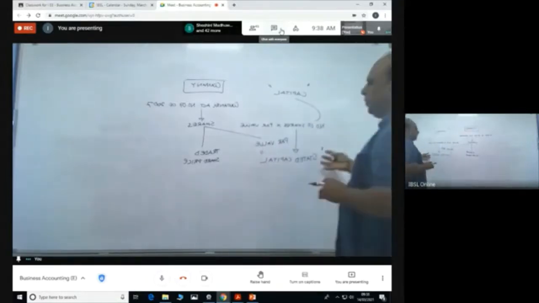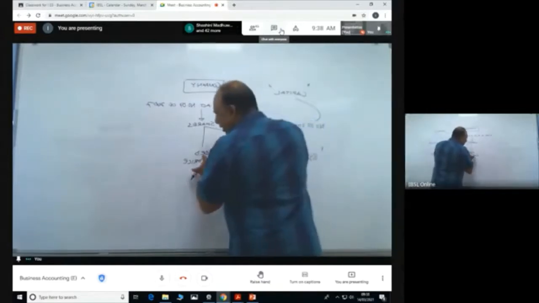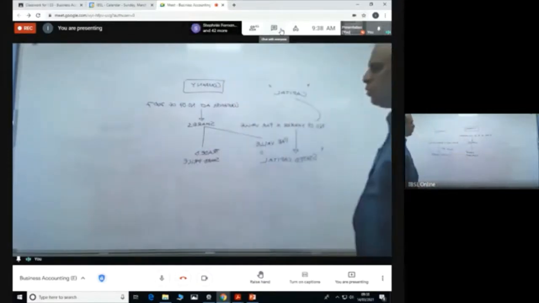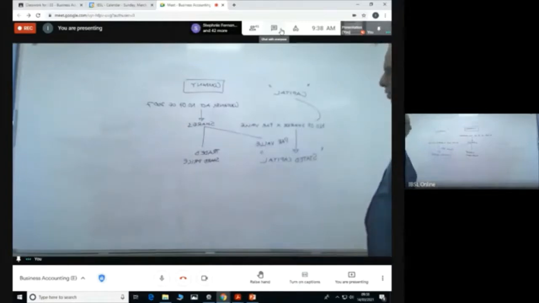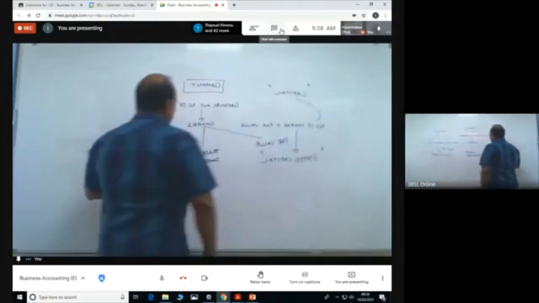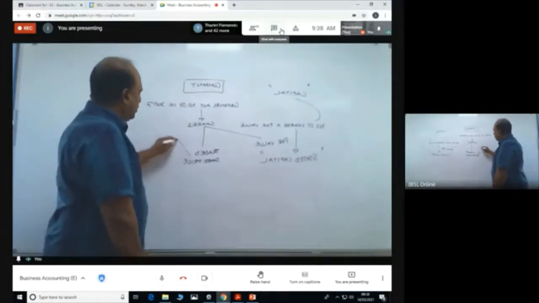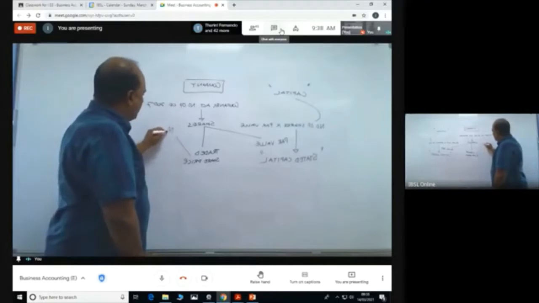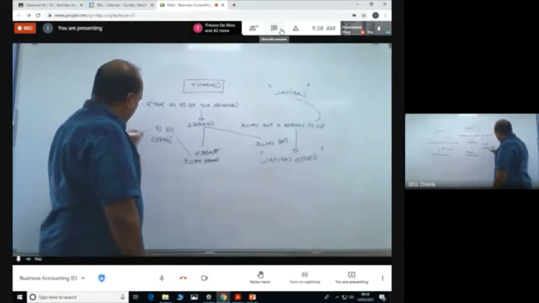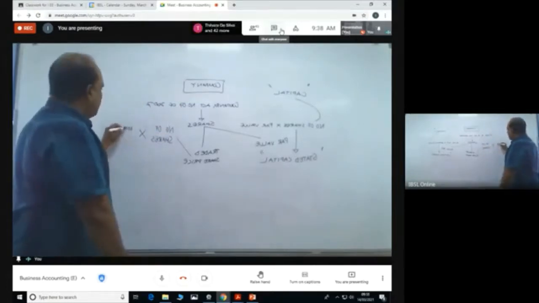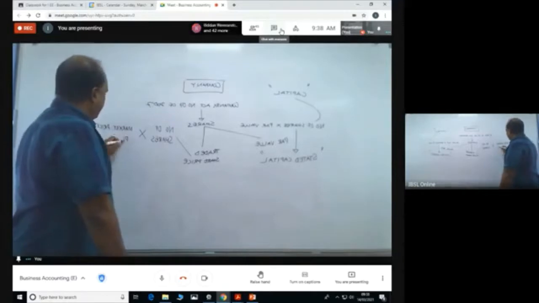This value and the market value don't correspond with each other. Now, based on the market, there is a price, which you get as number of shares into market price per share.